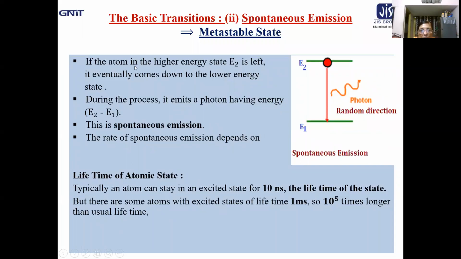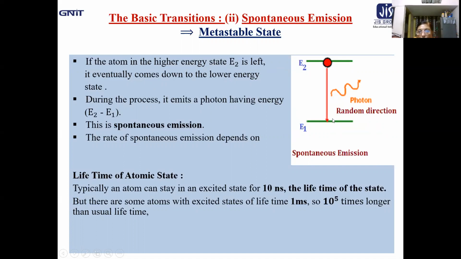So if the atom is in the higher energy state E2, previously by absorbing the energy of the photon, and you leave the atom there, what will happen? Eventually it will come down to the lower energy state.